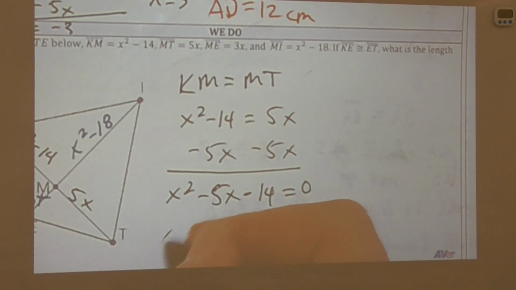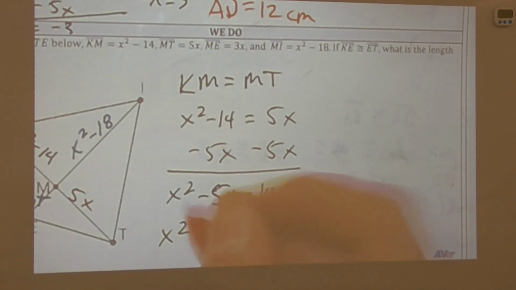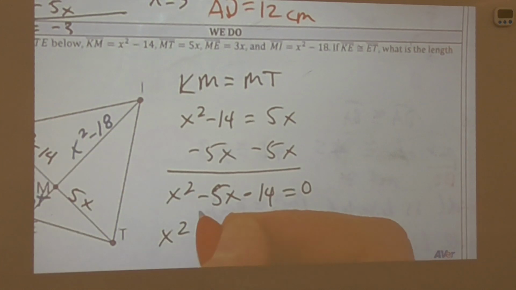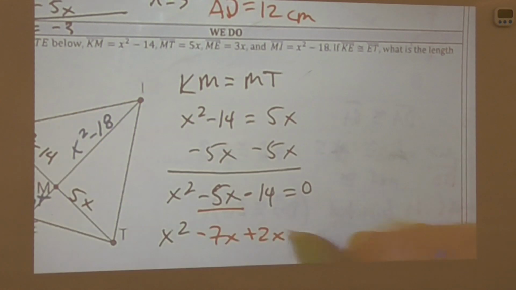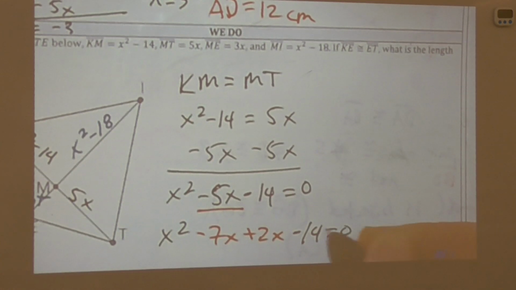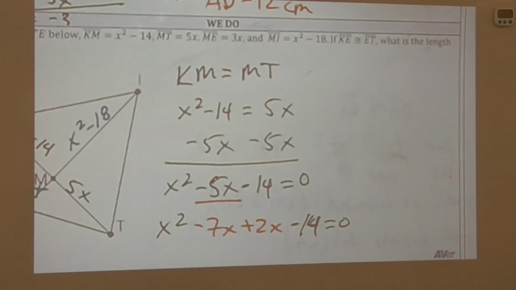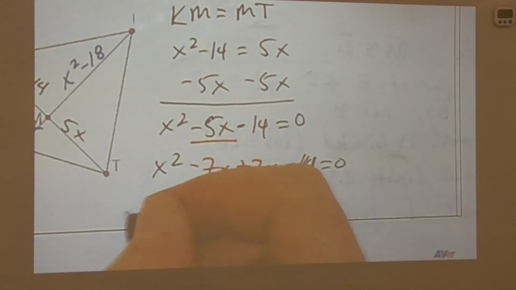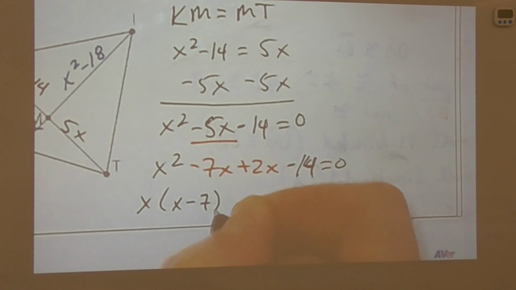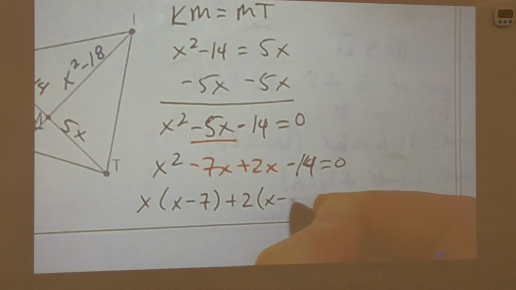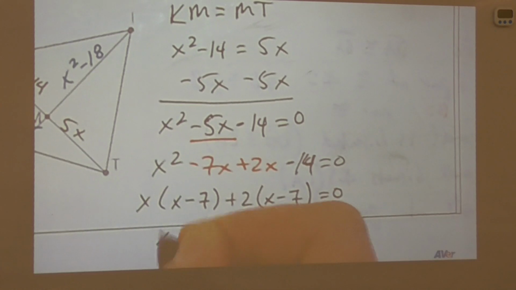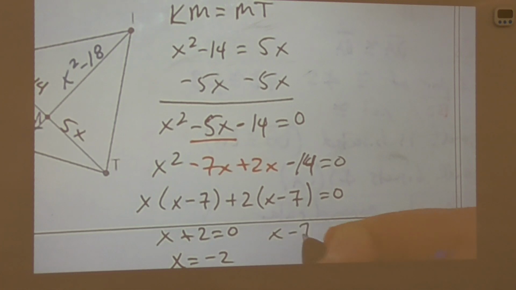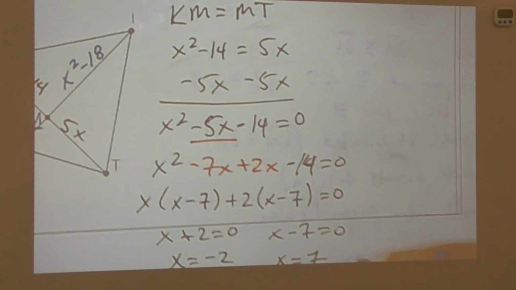So we're looking at x squared minus 7x plus 2x. That's the same as the minus 5x. Then minus 14 equals 0. Then from there, x times x minus 7 plus 2 times x minus 7 equals 0, x plus 2 equals 0, x equals negative 2, x minus 7 equals 0, x equals 7.